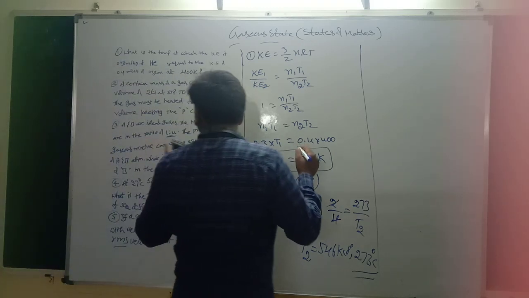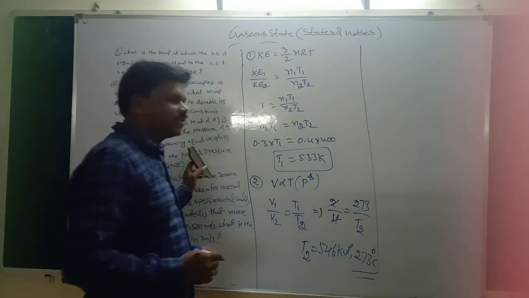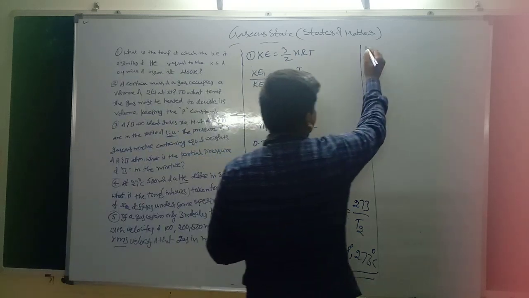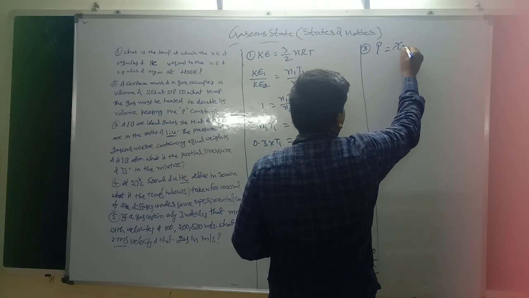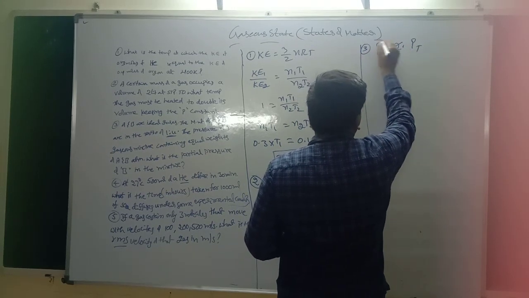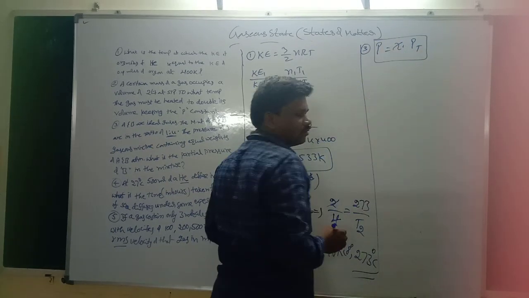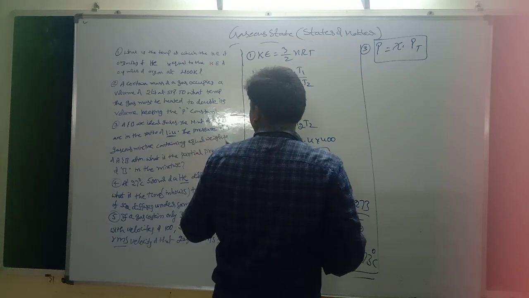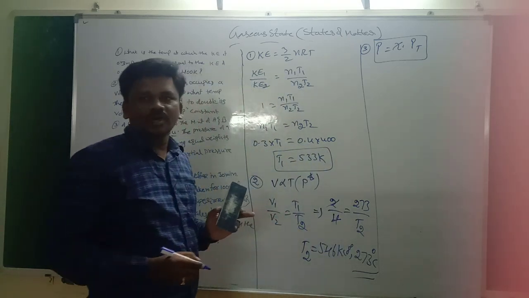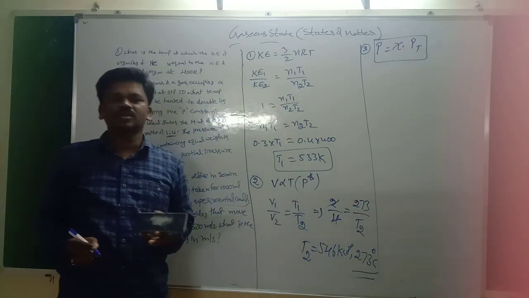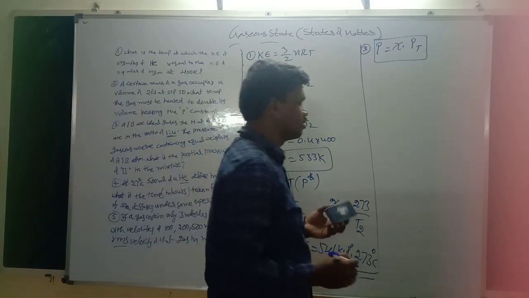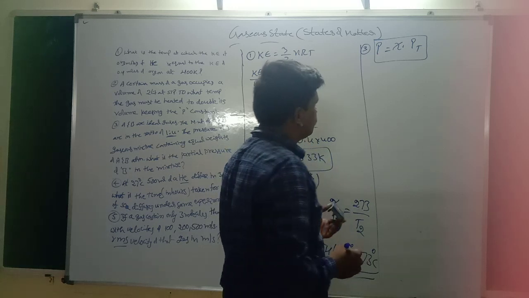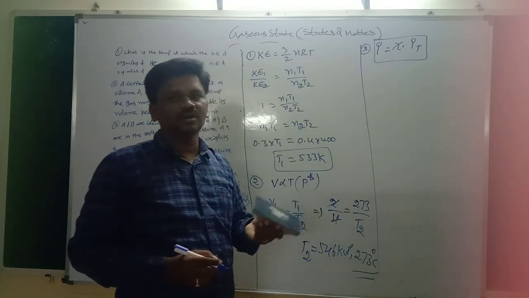Here first, the relation between partial pressure and mole fraction: partial pressure is equal to mole fraction into total pressure. What is mole fraction? The ratio of number of moles of a component to the total number of moles in the solution. First, find out the number of moles of each component.